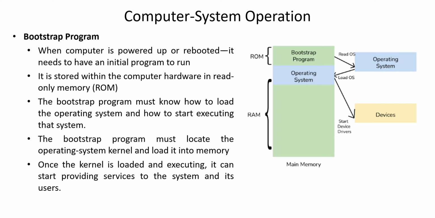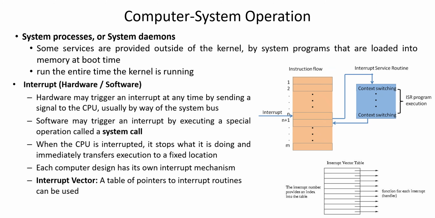From there, the OS takes over and starts device drivers to get the whole system running. Beyond the kernel itself, some services are provided outside the kernel by system programs, often called system processes or system daemons, that get loaded into memory at boot time and run the entire time the kernel is running.